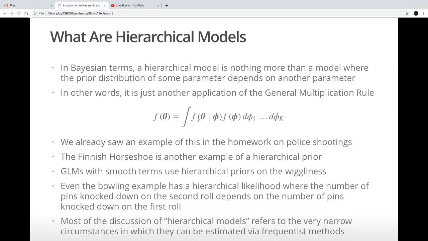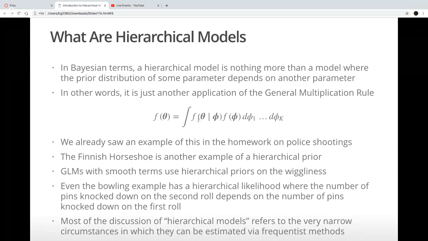And the bigger those posterior distributions on those standard deviations are, the more wiggly the smooth but nonlinear function is, and the smaller those posterior standard deviations turn out to be, the more linear the function turns out to be. So those are another example of hierarchical priors.